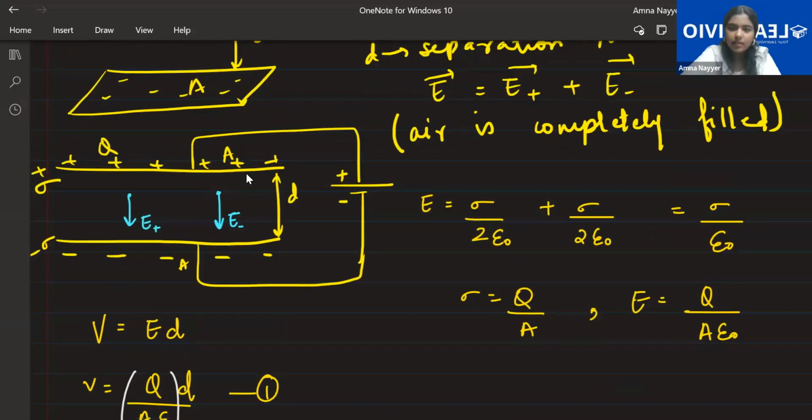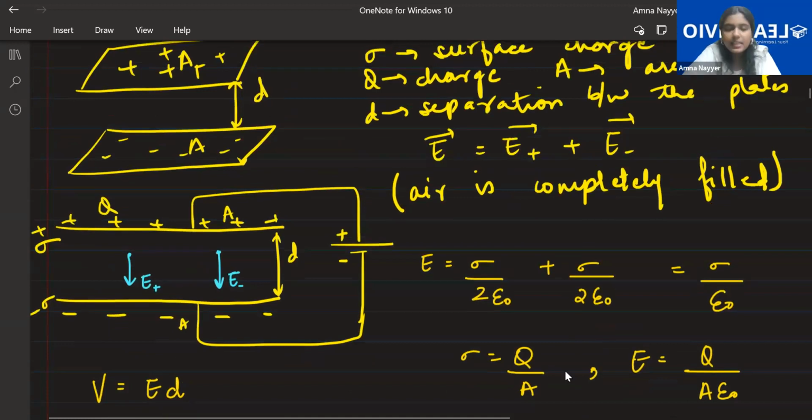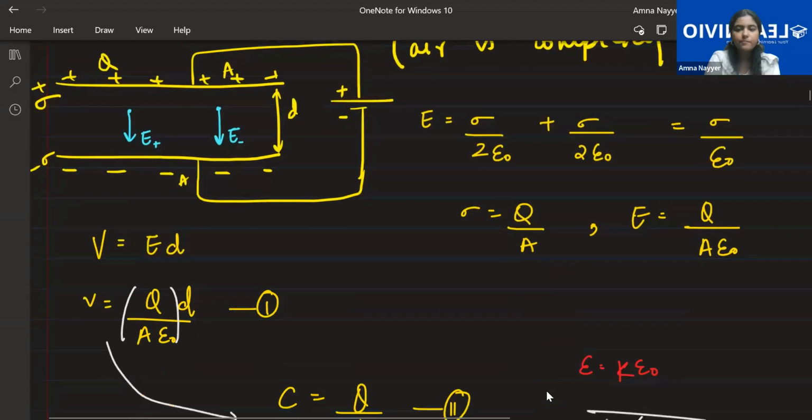That's why we take surface charge density, because a plate is a two-dimensional figure. Since we are deriving for a plate only, we have taken it as q by A. If it were a spherical capacitor, you cannot use this, because a spherical capacitor is different.